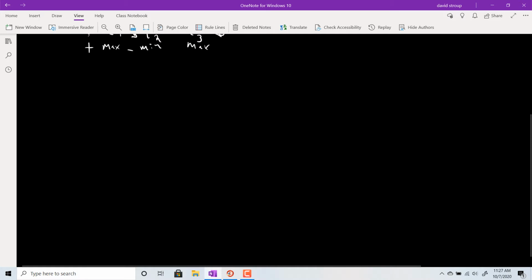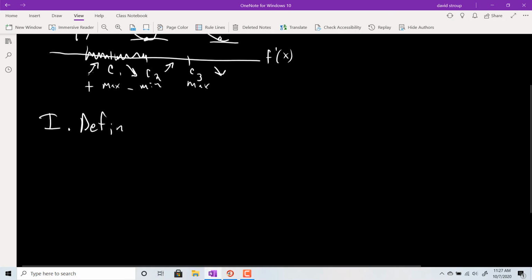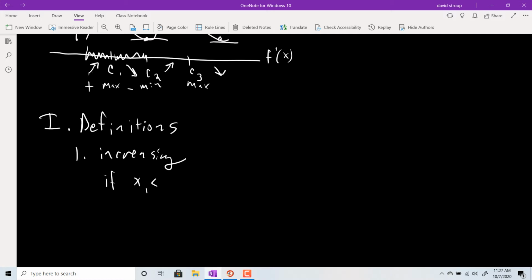All right, so first we want to start by talking about increasing versus decreasing. And we want a more rigorous definition than just looking at the picture and saying, oh, it's going up, oh, it's going down. Okay, so definitions. First, for increasing, if x1 is less than x2, then f of x1 will be less than f of x2.